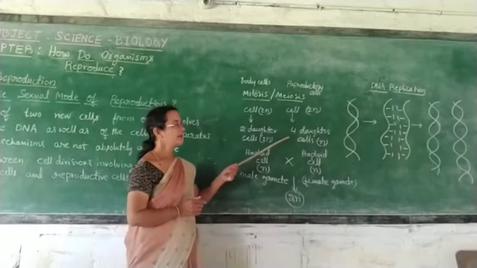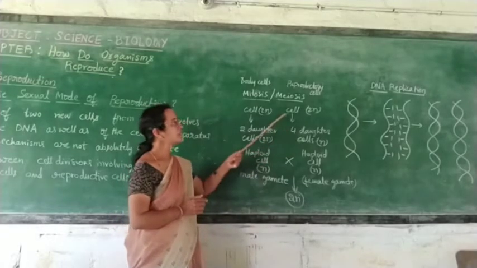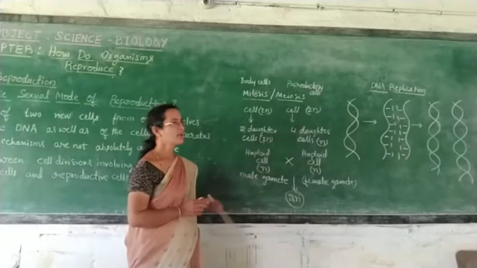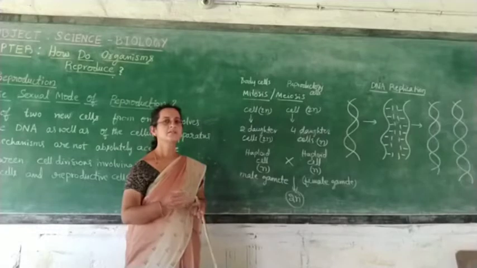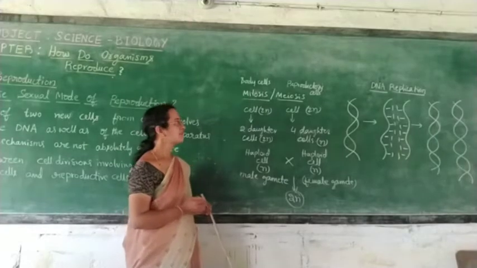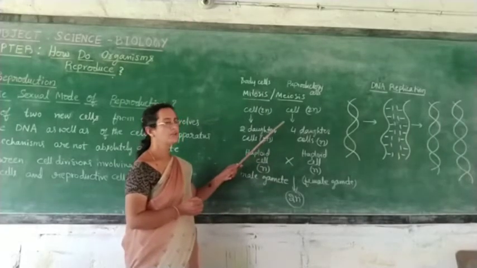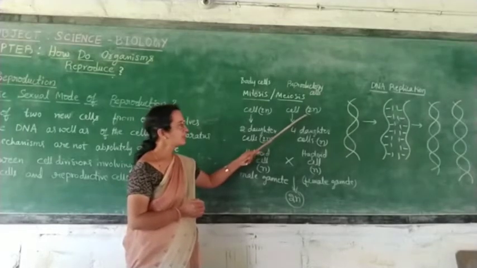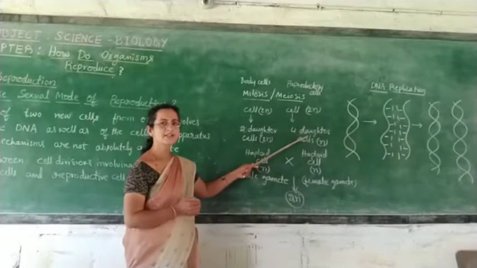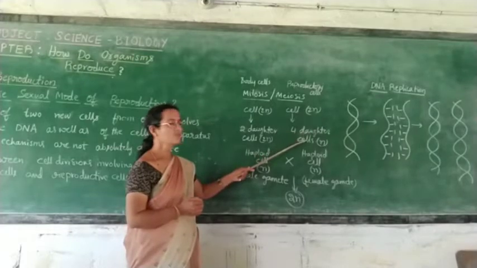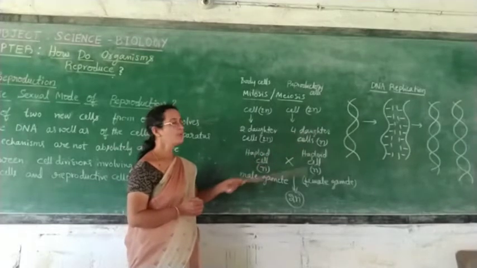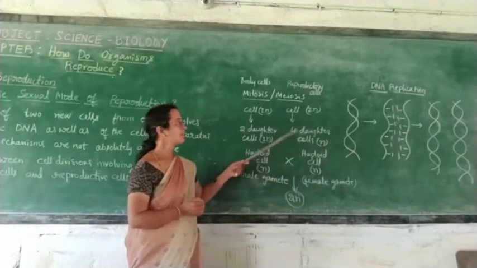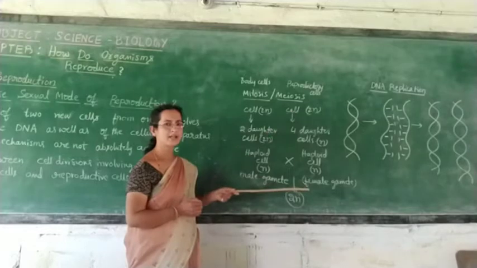Here there is a cell division involving 2n number of chromosomes. The chromosomes which are in two sets, one set from the male and another set from the female, get united to form 2n number of chromosomes. When this cell divides to form 4 daughter cells, each daughter cell has half the amount of genetic material compared to the parental cell.